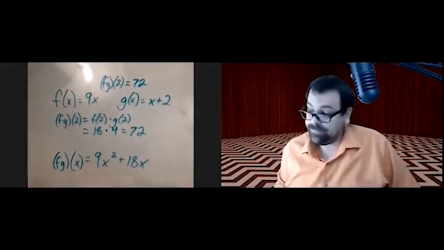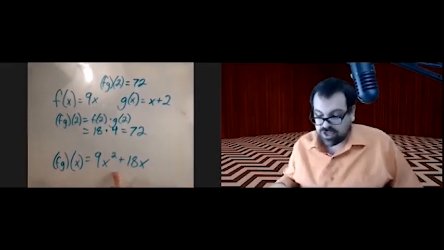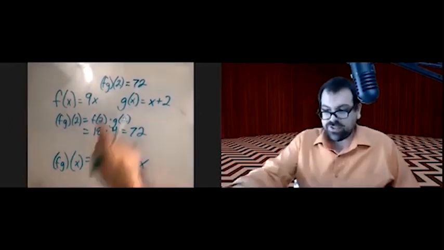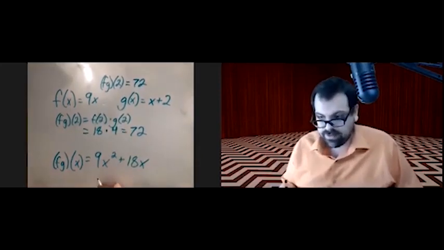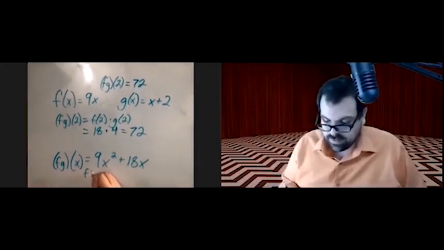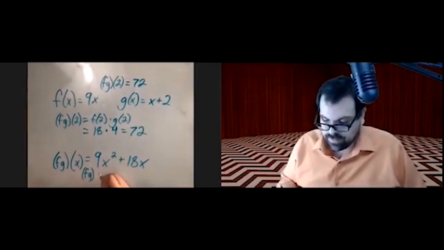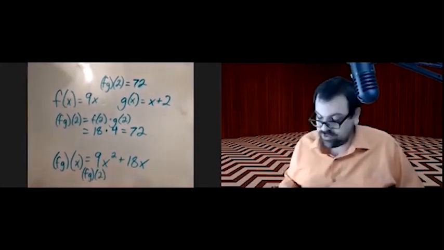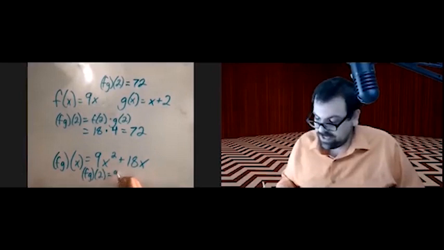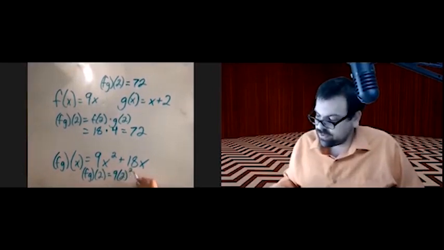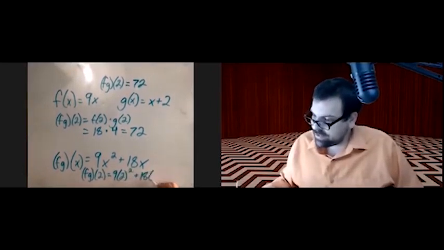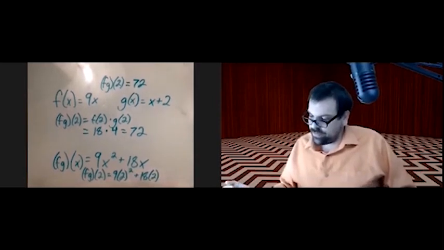Well, guess what? If we have the function fg of x, we can just plug 2 right into that. Fg of 2 would be 9 times 2 squared plus 18 times 2.